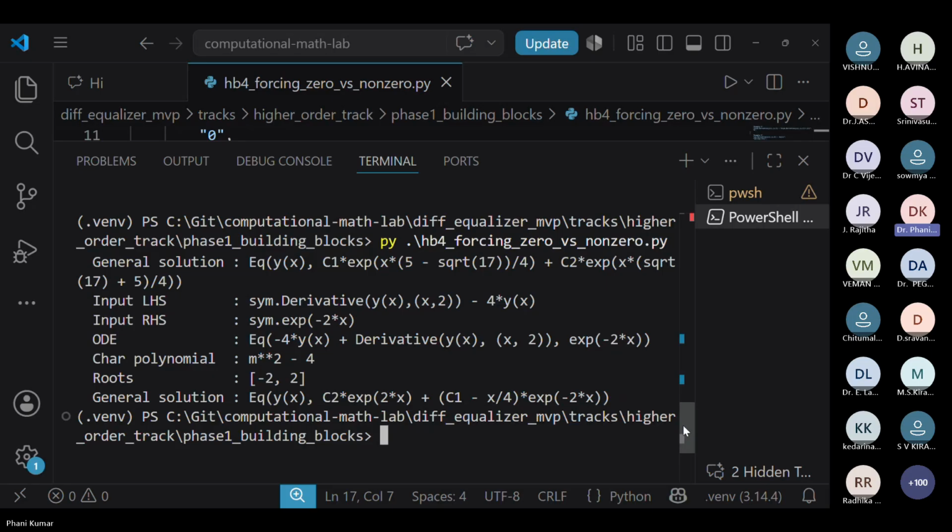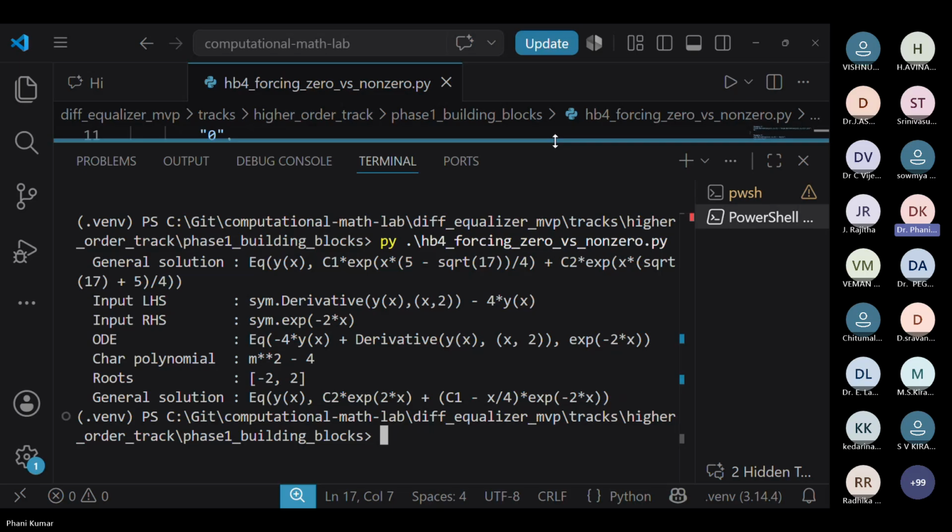Then the first part is the general. It is not the general solution because we are going to add the second part also. We can get the general solution, but I am not writing this general solution, right? This is YC, the complementary solution. What is the complementary solution, sir?